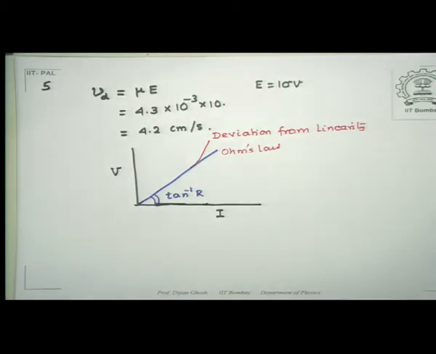Now, for a large range of current voltage relationship, the linearity is valid, and in fact most of the time in our discussion of current electricity, we will be assuming Ohm's law to be valid. But this is probably a good time to point out that this linearity is not true in many materials.